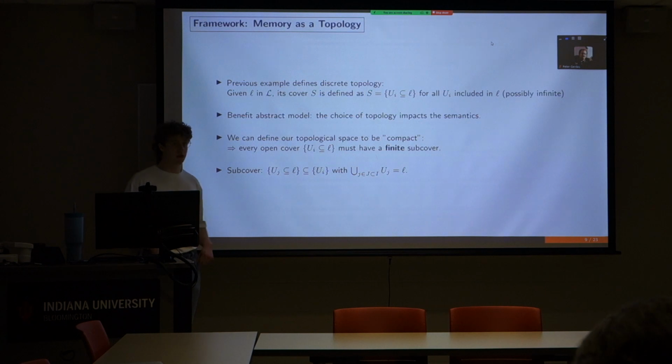The way to remedy that, to make a design choice about that, is to pose some restrictions on the topological space. We can, for instance, say that each open set needs to be able to be covered in a finite way. And then we also have the possibility of only allowing for finite address arithmetic.